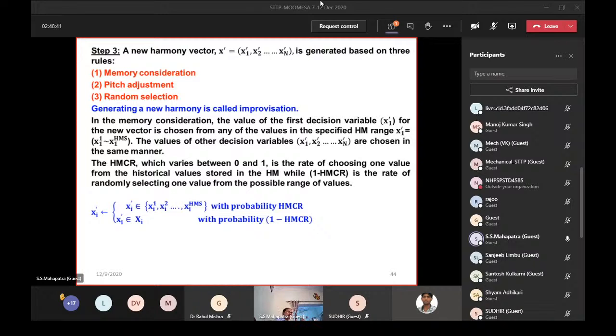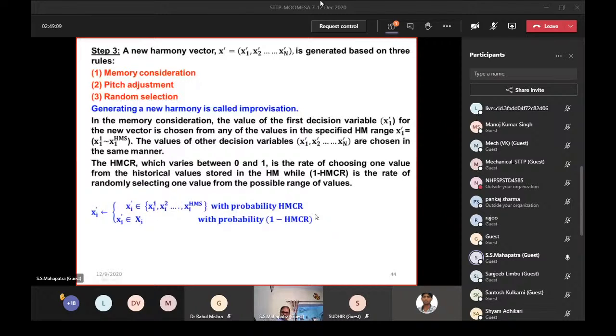If the probability is less than or equal to HMCR, then you use anyone from the old values. Or if it is more than HMCR, then you create any value. So either with HMCR, you choose any value from that old one, or with 1 minus HMCR, you choose a new value.